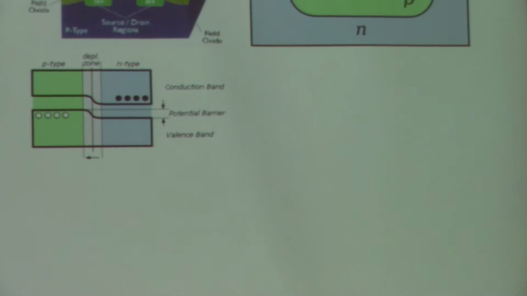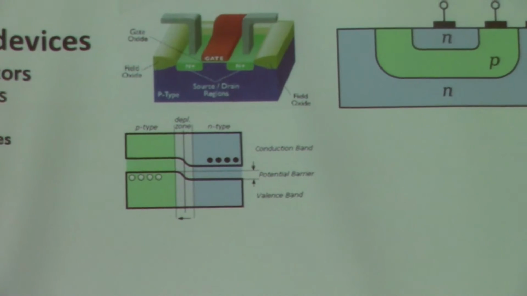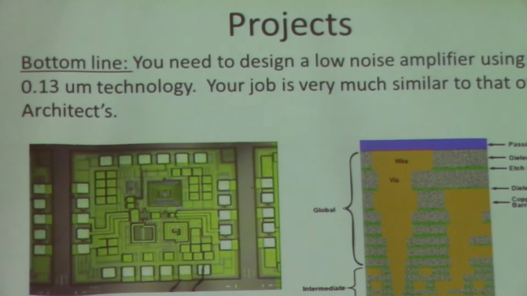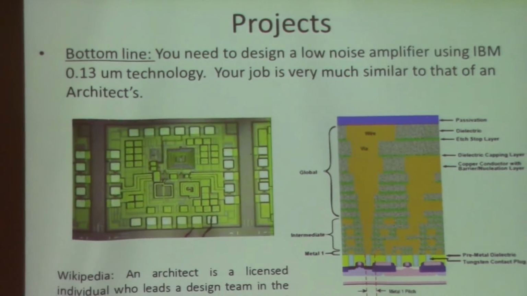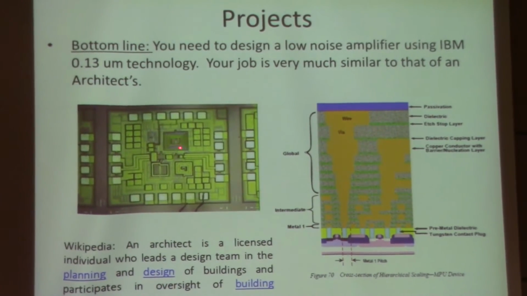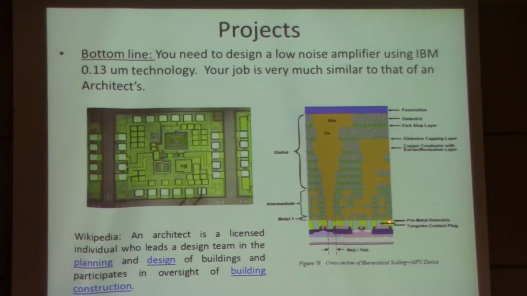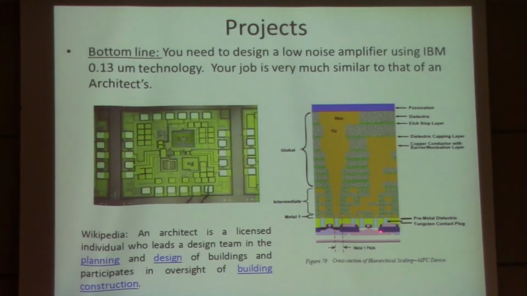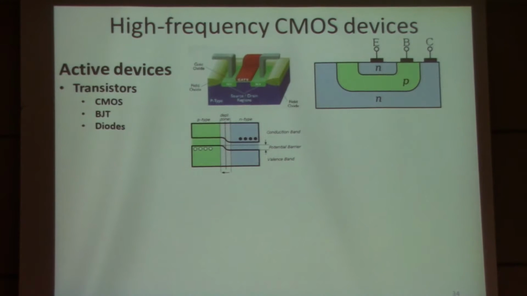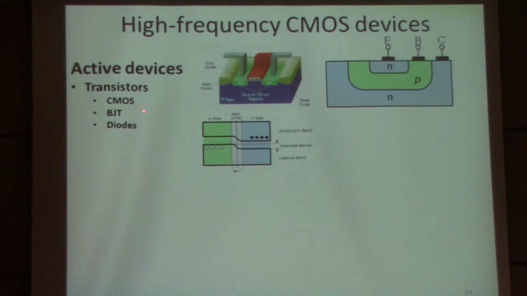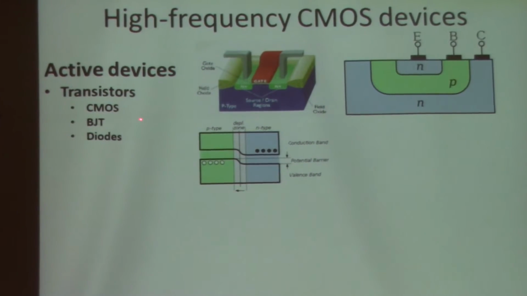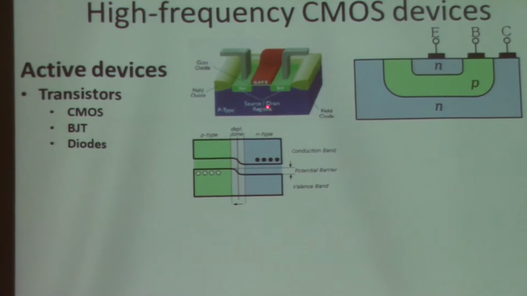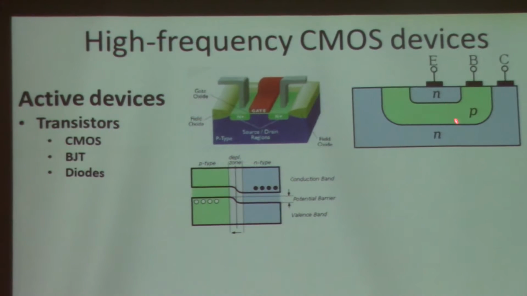And now you need devices, right? So for these systems, the circuit components, the devices you need are the active ones and the passive ones. Passive ones you can use everything here. Active ones, for CMOS, you have CMOS transistors, FETs, and you have BJTs.